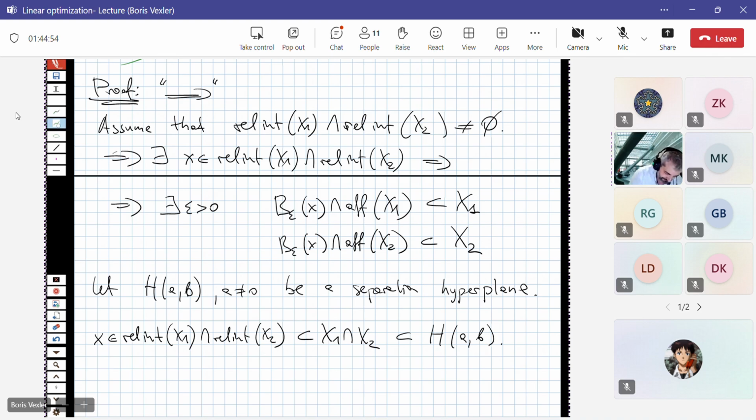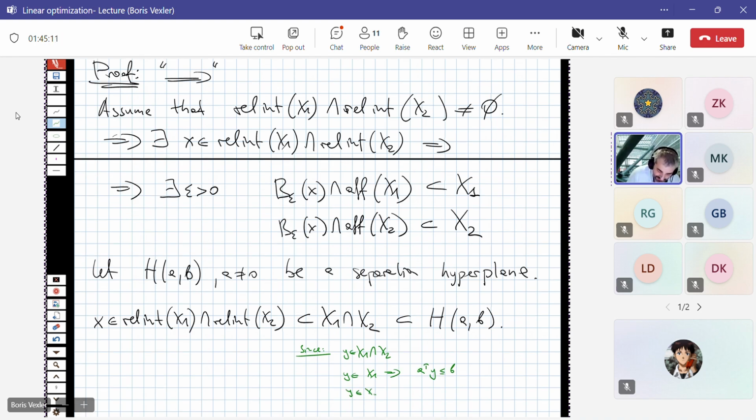Since if you take, let's say, an element y in here, then what you have? y is in x1, therefore a transpose y is less or equal than b. y is in x2, therefore a transpose y is larger or equal than b. Therefore, a transpose y is equal to b, and therefore y is an element in H. Yes, and therefore they have this.